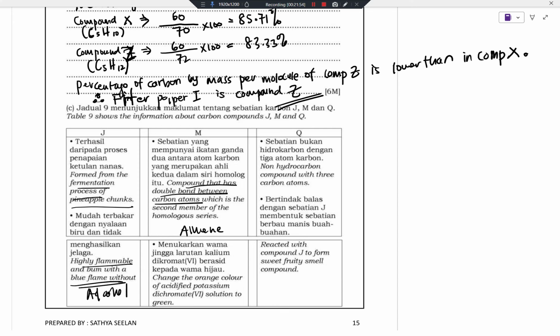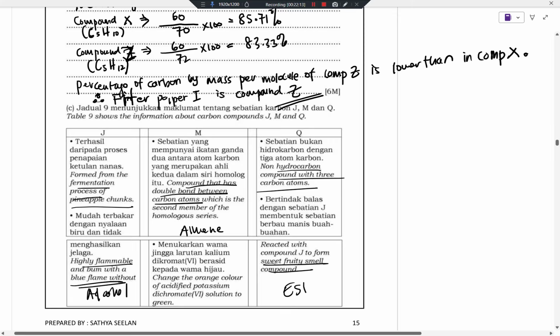And then non-hydrocarbon with 3 carbon atoms. Fruity smell, ester lah. React with compound J to form sweet அப்படின்னு சொல்றாங்க. அப்ப இது எஸ்தர் கிடையாது. நம்ம அவசரப்படக்கூடாது.